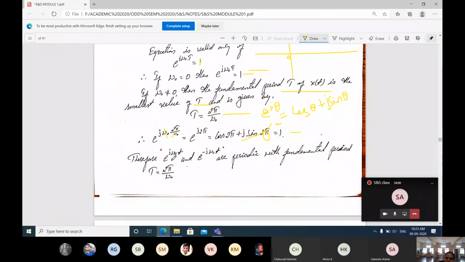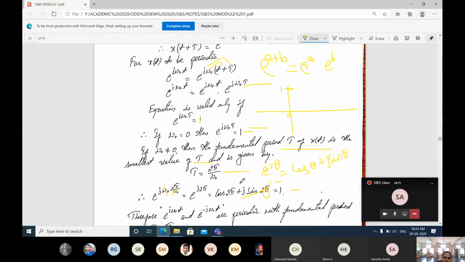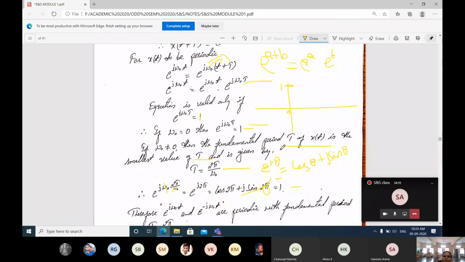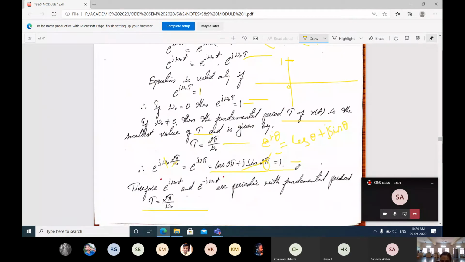Therefore e raised to j omega t and e raised to minus j omega t are periodic with fundamental period T equal to 2 pi by omega naught. This is how you have to do the small derivation part. Just remember the period and how to substitute these factors.